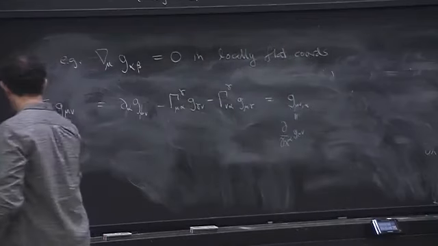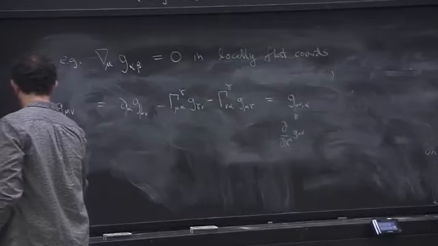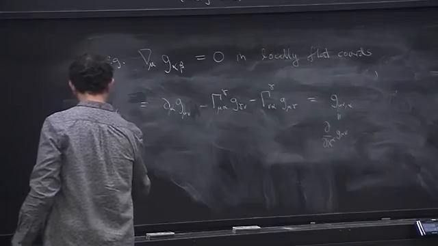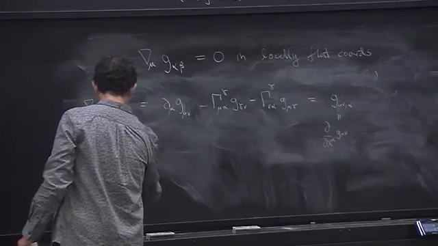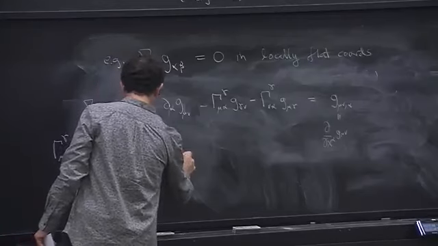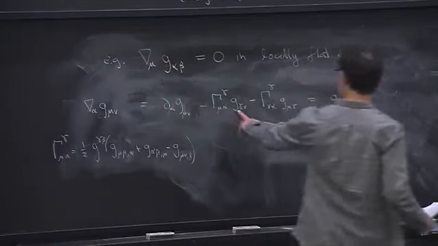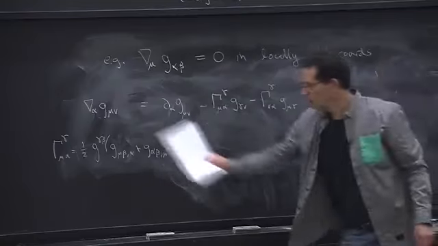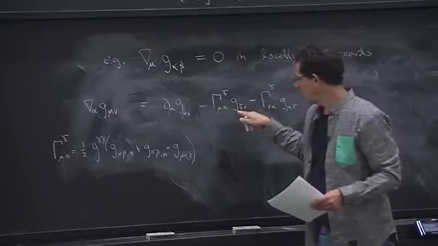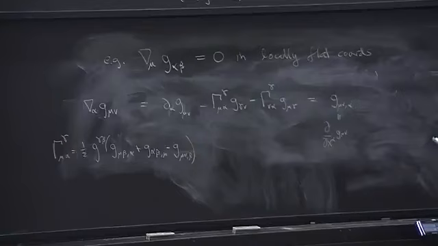These g's lower the index on gamma. If you remember the definition of gamma, gamma mu alpha was 1/2 g gamma beta times g mu beta alpha plus g alpha beta mu minus g. So these g's just remove the g with upstairs indices. They change it to a delta, and then the delta forces the appropriate index to be nu.